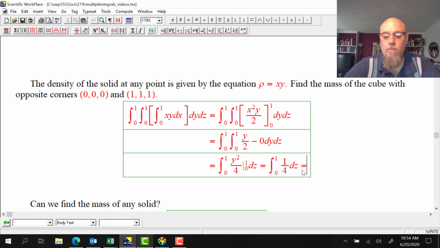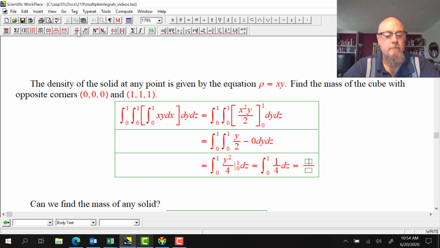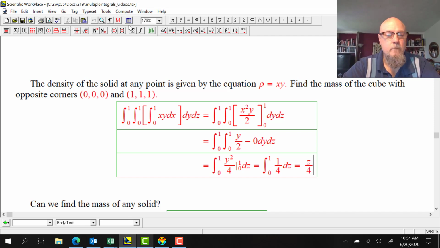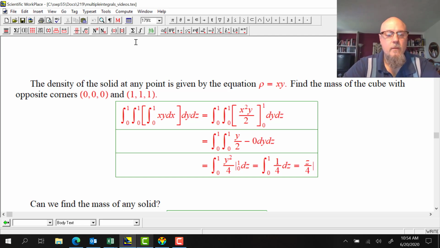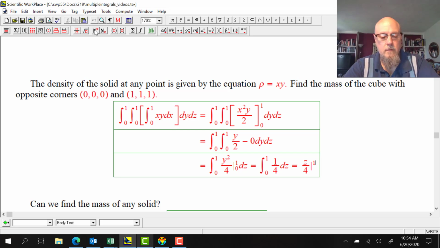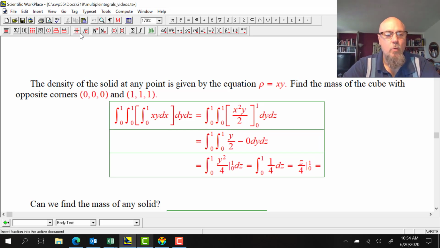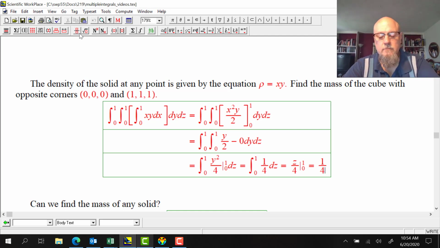And that's going to be z over 4. It's a constant. And so when I sub in, well, let's do that. That's going to be z over 4 from 1 to 0. Finally, I get an answer of a quarter. So this all in all wasn't that bad.